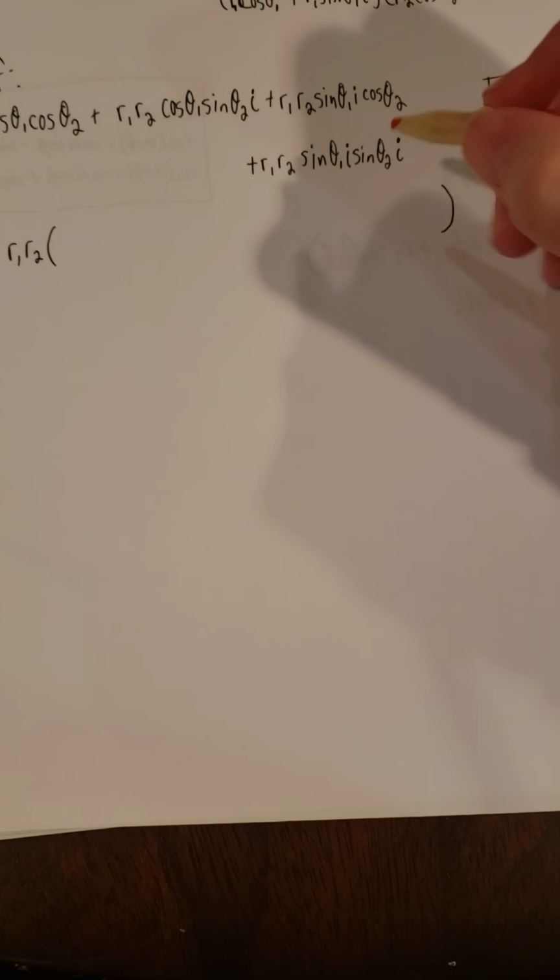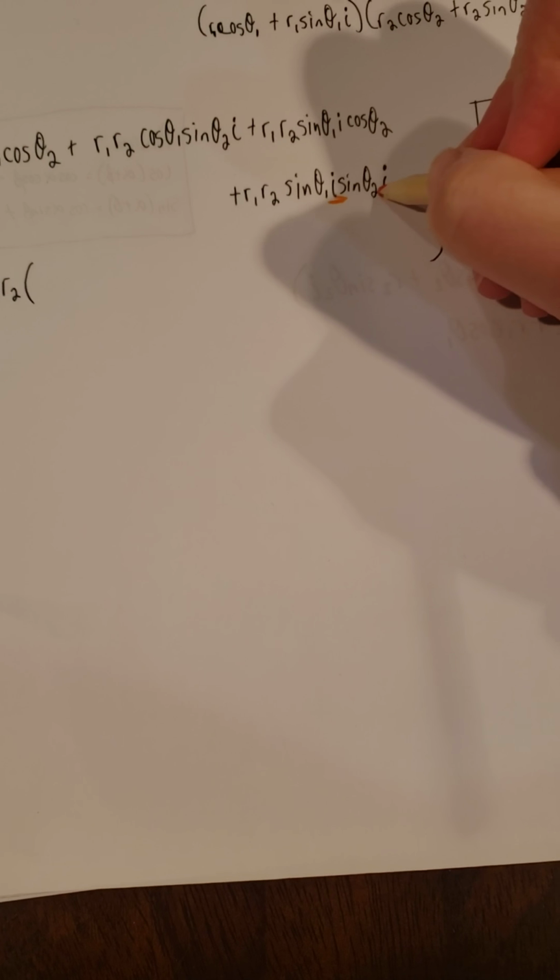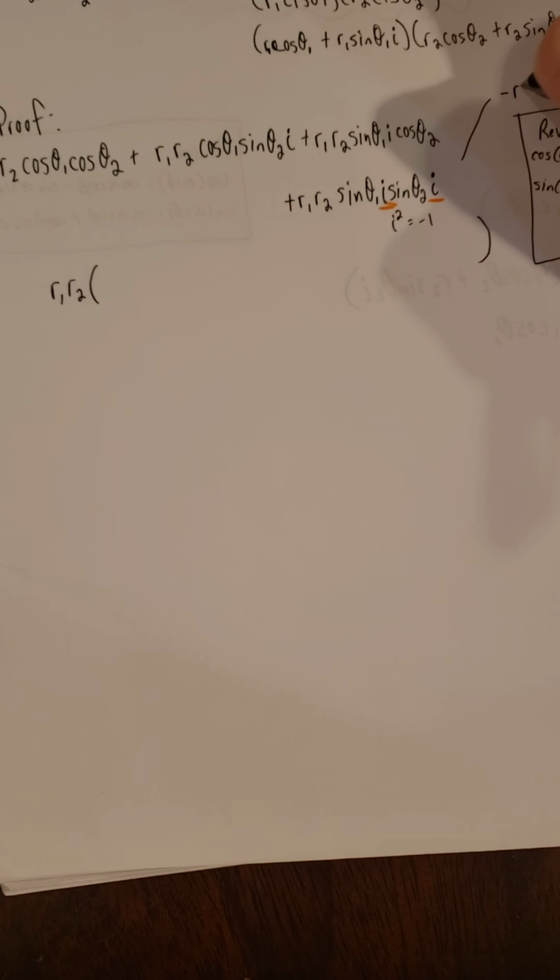Also, notice this fourth term here, I have an i times an i. Now i times i is i squared, and i squared is equal to negative 1. So this fourth term actually simplifies to minus r1 r2 sine theta 1 sine theta 2.